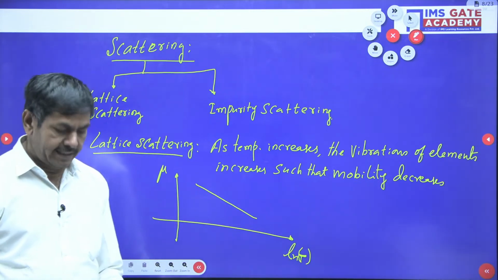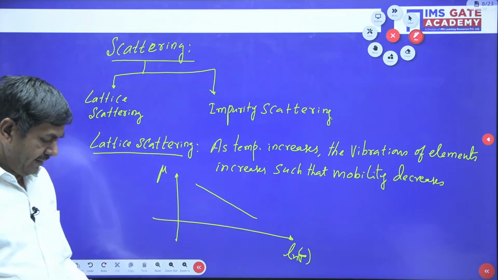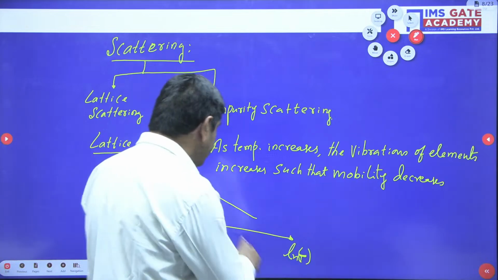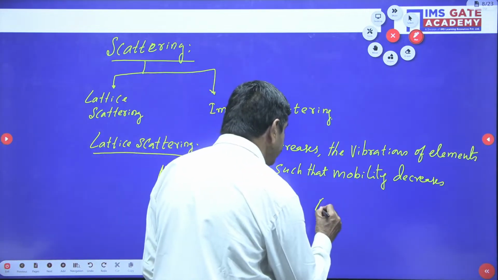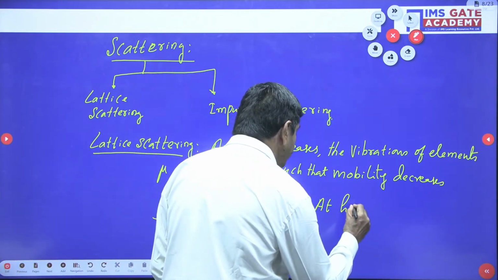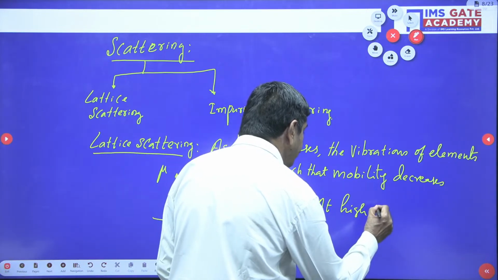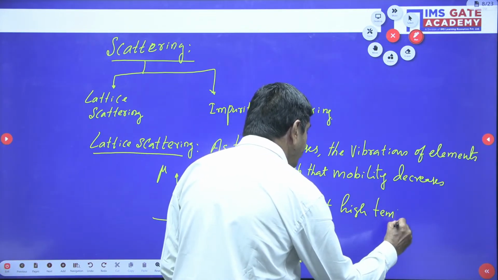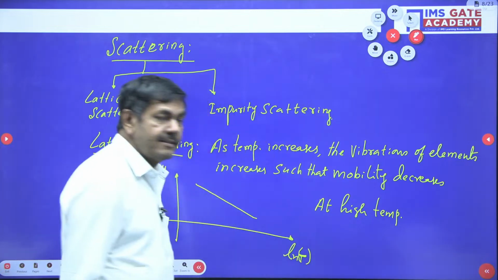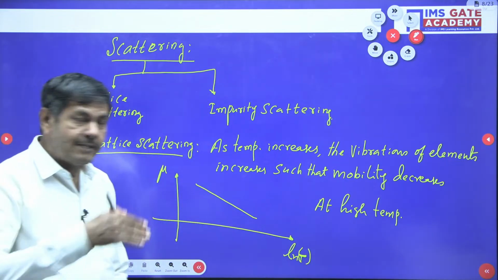In lattice scattering, one formula is there. At high temperature, when you are maintaining high temperature, mobility will be decreasing.